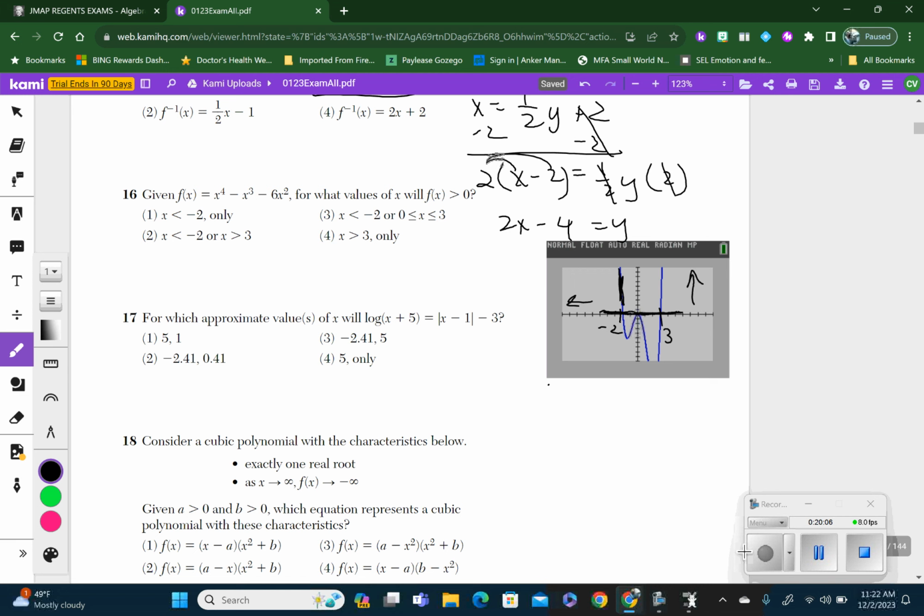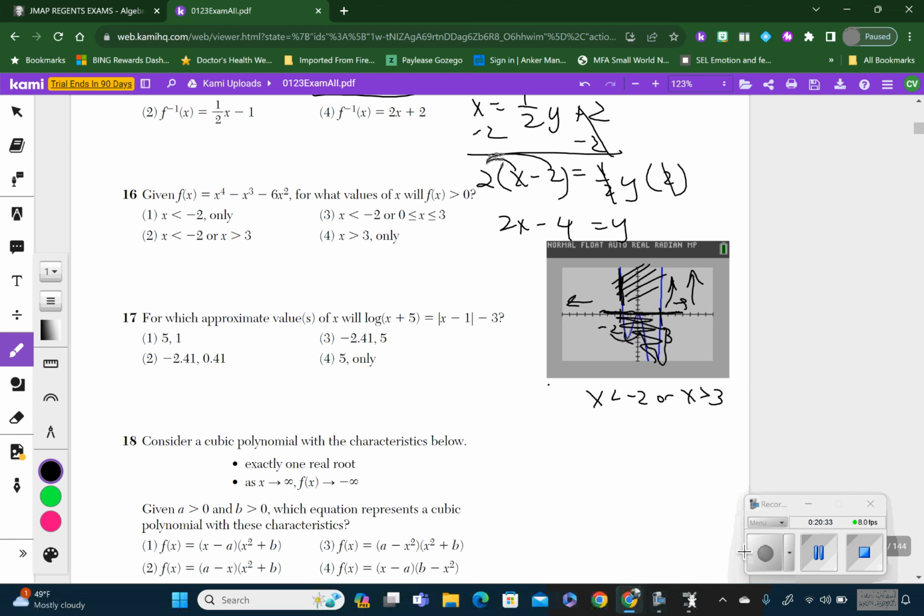And from 3 up, right? Or to the right. So how do I say that? X is less than -2 or X is greater than 3 is where my Y's are going to be positive. Because here my Y's are negative. See that? These are negative Y's. All of these are negative. Up here is where Y's are positive.